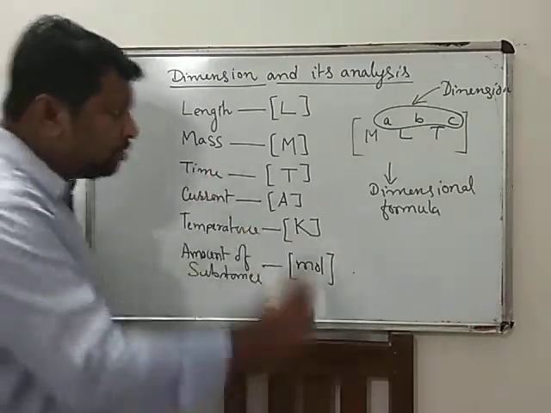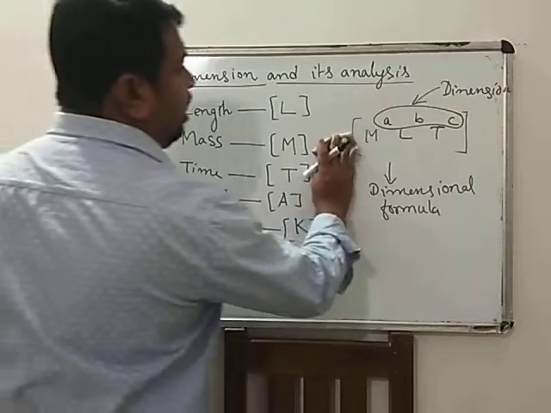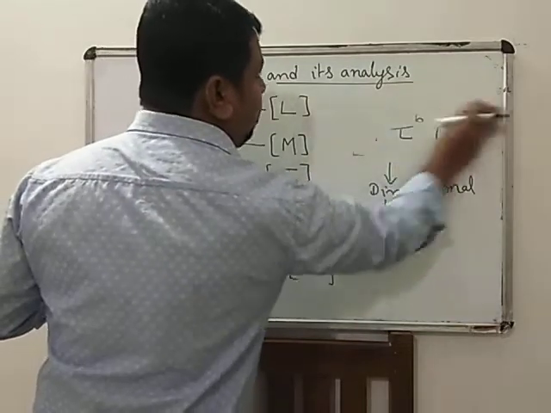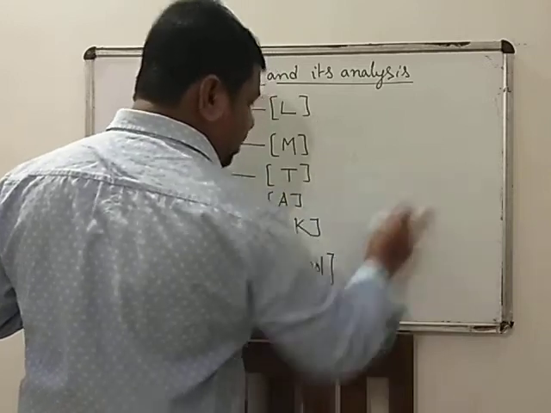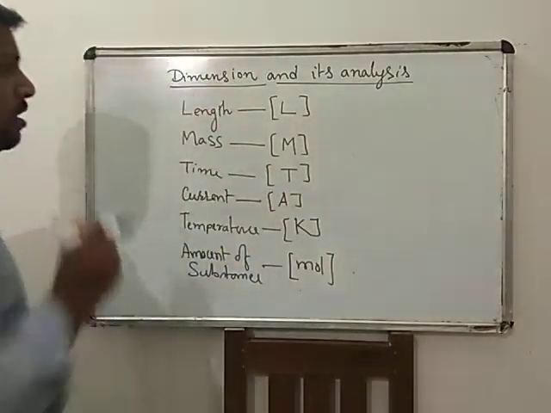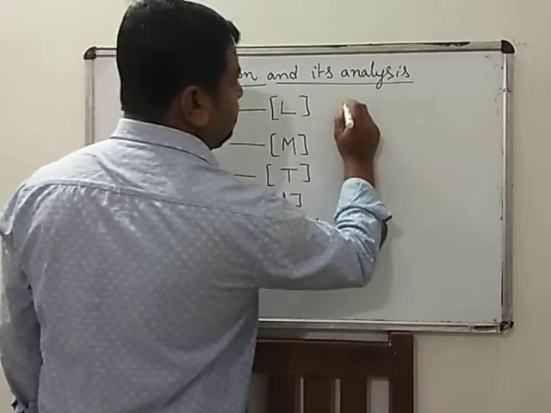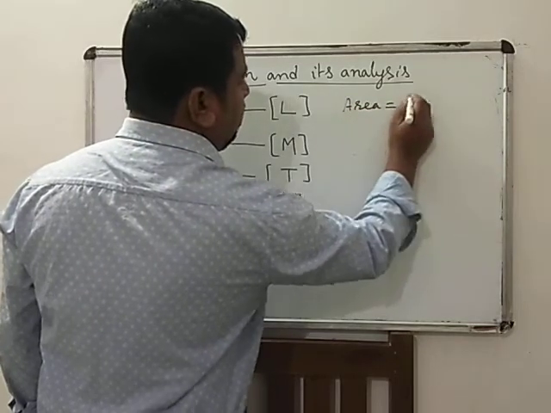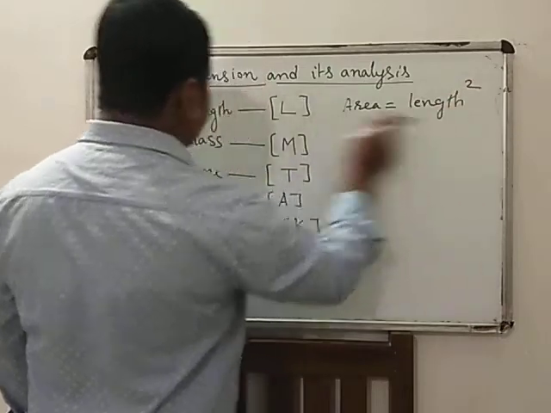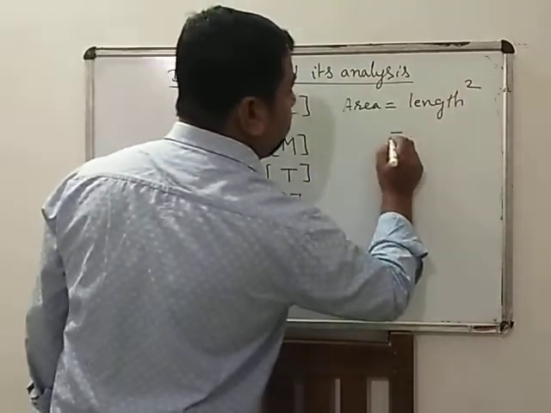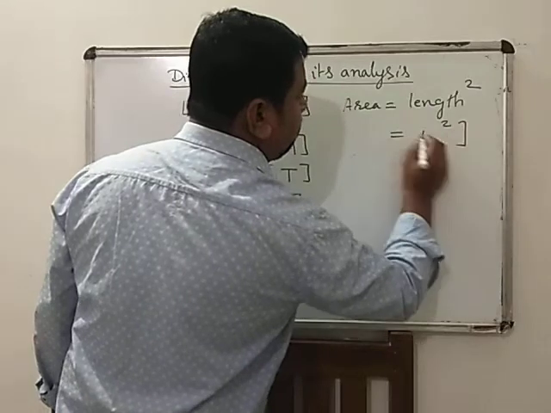Next we discuss the dimensional formula of derived quantities. Suppose area. Area is length squared. Length means L, so the dimensional formula of area is L square.